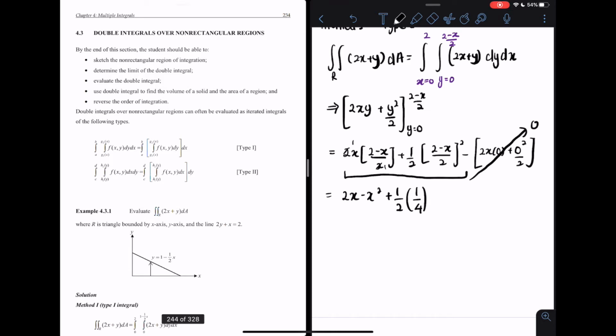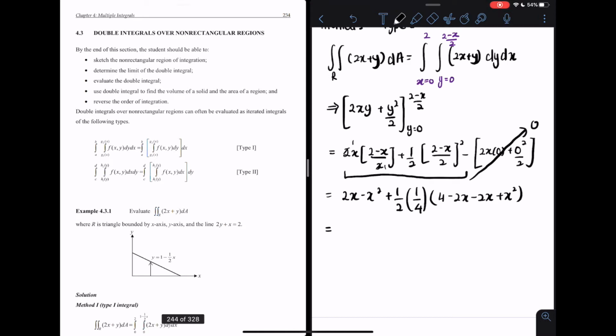Now I will try to expand (2 minus x) times (2 minus x). I should get 4 minus 2x and then minus 2x plus x squared.